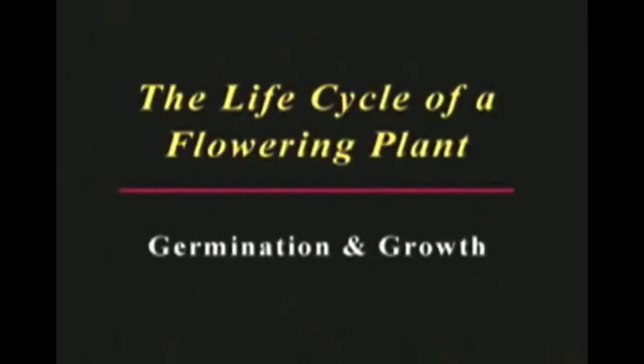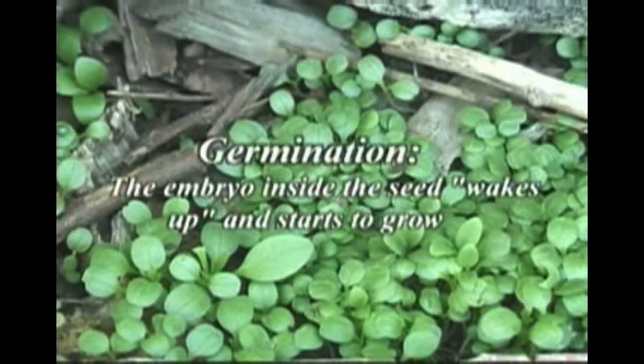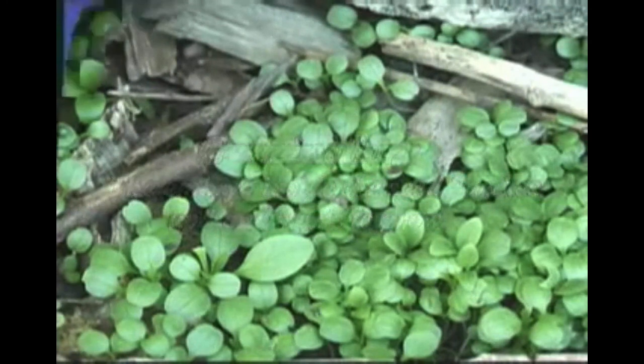The last stage of the life cycle of a flowering plant begins when the seed germinates. During germination, the embryo inside the seed wakes up and starts to grow. In the case of most seeds, in this example, a bean seed, germination starts when the seed senses it has enough warmth, daylight, and water to survive.